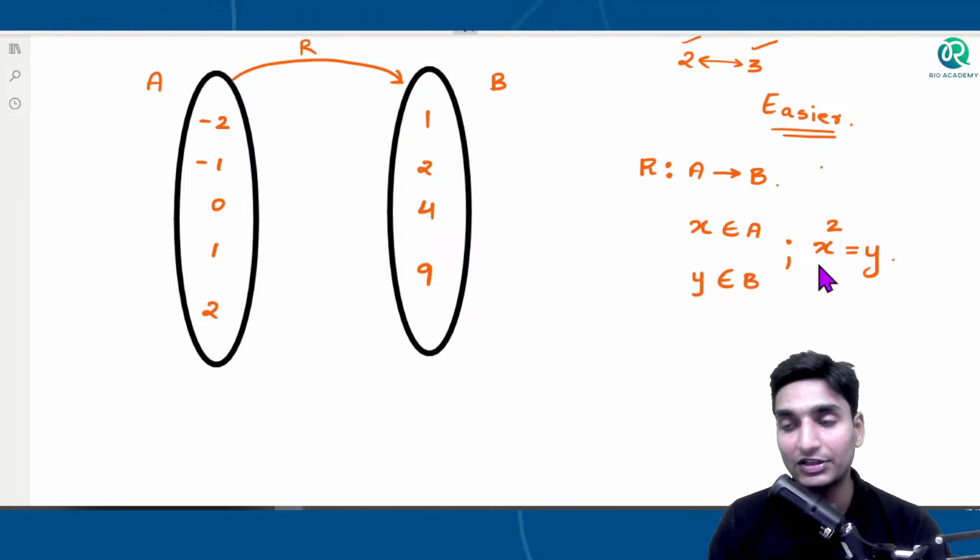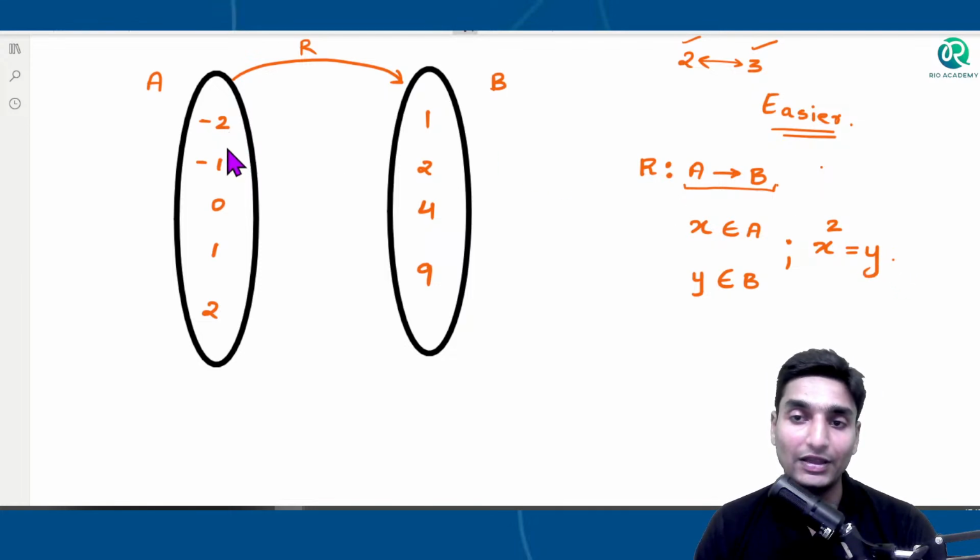Now the condition given according to the relationship that we are establishing is X square is equal to Y. It means that if any element in set A is squared, the answer should be present in set B. Only those particular elements are said to be in relation.